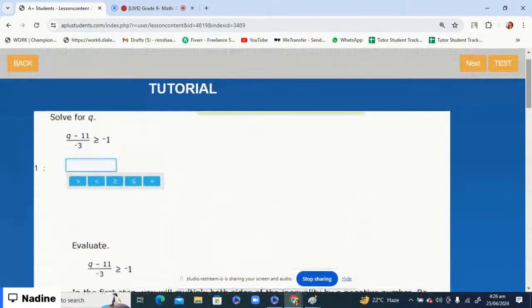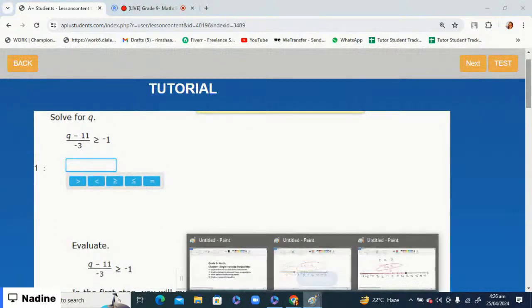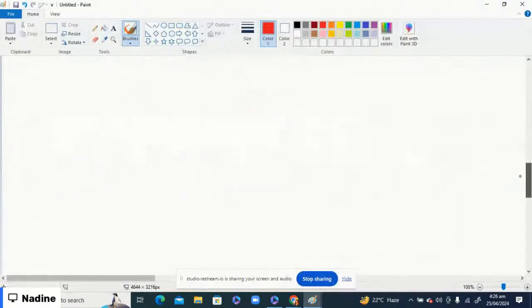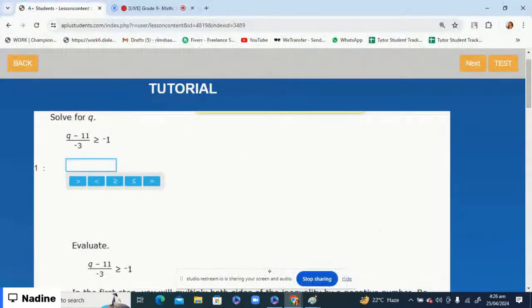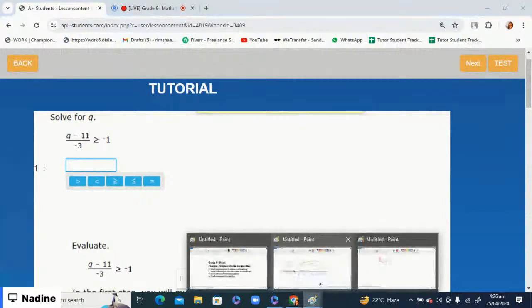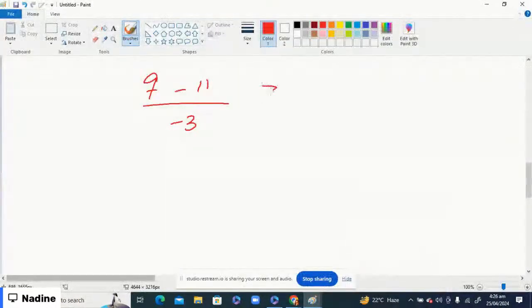First we write the question: q minus 11. In the first step we are going to multiply with negative 3 on both sides.